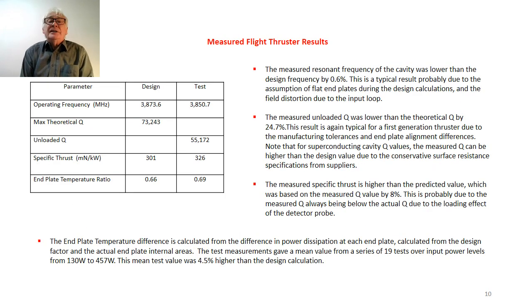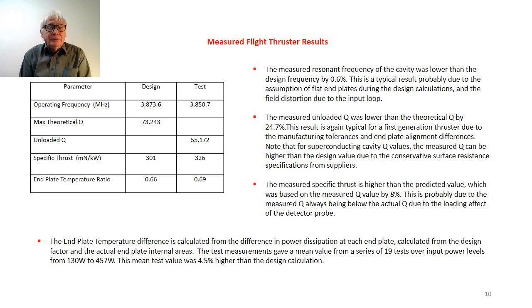So the acid test of any engineering design is, do you get the results that you expected when you actually manufacture and test the device? What we've done here is to take the main initial design parameters and compare them to what we measured over a quite extensive test period for this particular flight thruster.